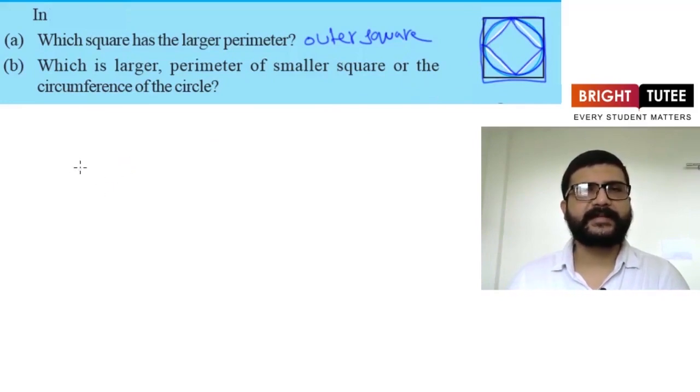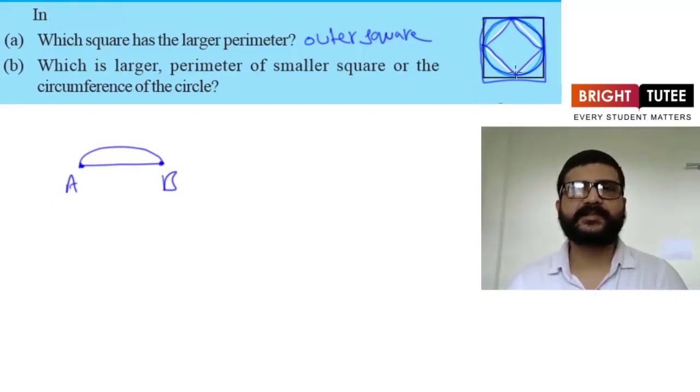Let us suppose we are having a straight line from A to B, and then we are having this curve. Now which one is having more length, the curved portion or the straight portion? Obviously the curved portion is greater than the straight portion.